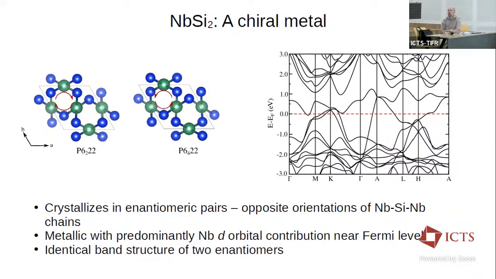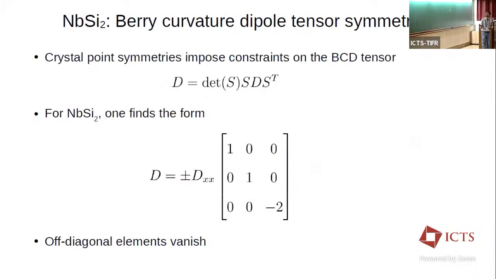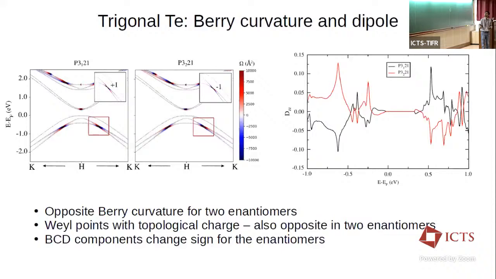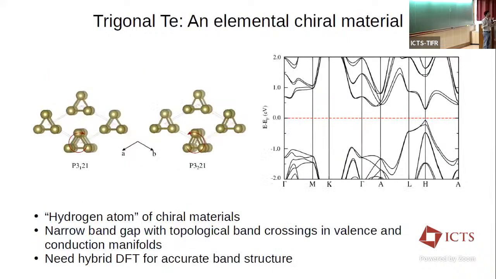Yes, so I absolutely agree. If you look at the bands, of course, there's a small gap. Turns out that most naturally grown tellurium is p-type, as you know.